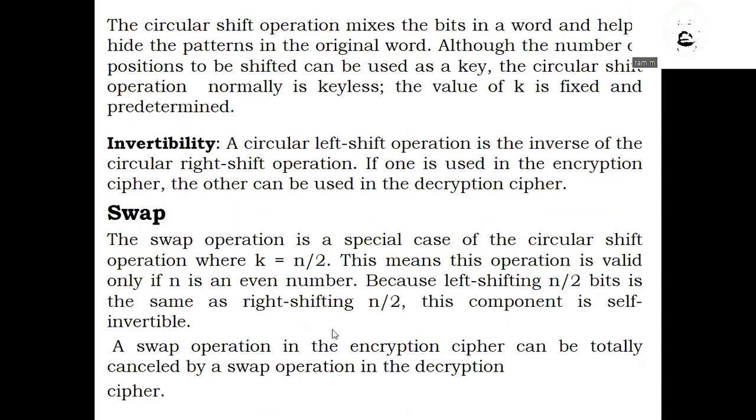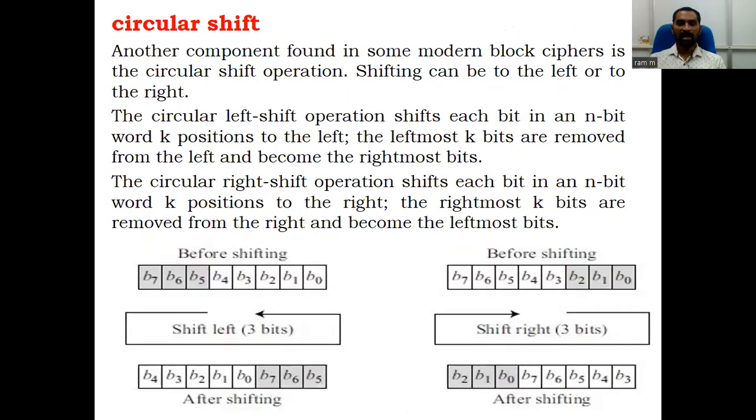The circular shift operation mixes the bits in a word and helps hide the patterns in the original word. Here the key will be the number of shift positions. This is the actual data. The key is what I say to my receiver: your date of birth is my number of shifts.